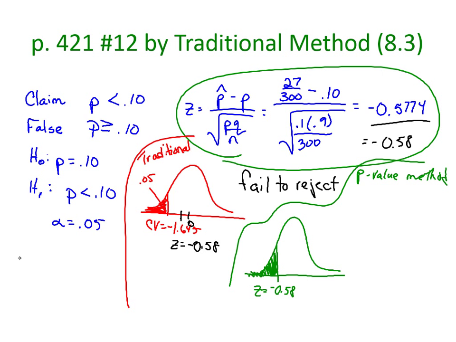Our 0.08 is across the top, and we get 0.2810. Everybody remember reading your z tables, okay? So we're getting our probability that the area to the left is 0.2810, and the area to the left is what I wanted this time. So that's my probability.